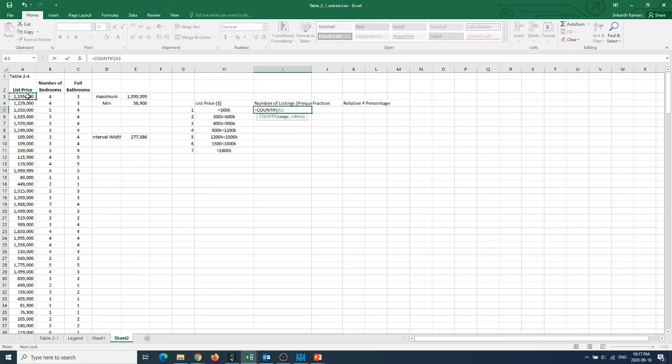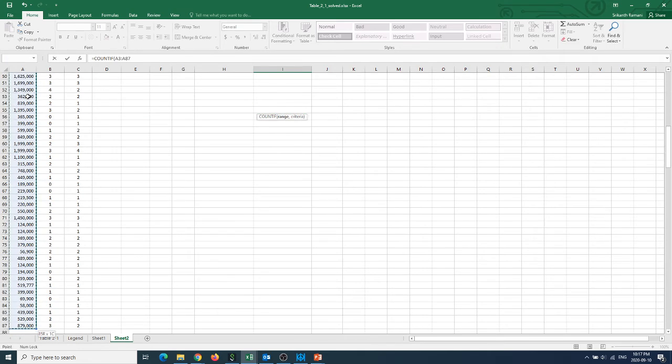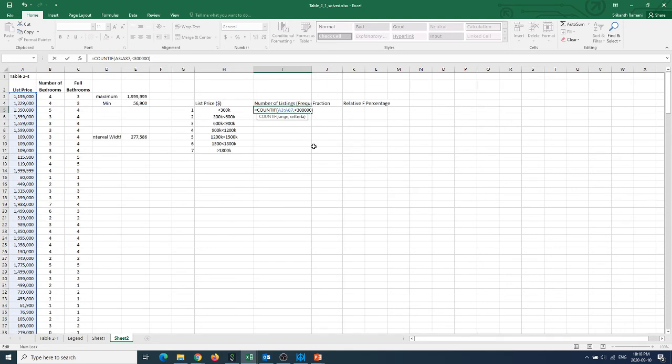This is the range, and the criteria is under $300,000. The function does not work here. I'll figure this out later.